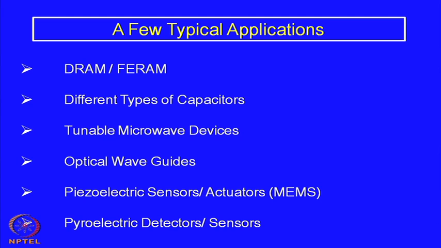Tunable microwave devices are also another device made of these dielectrics. Optical waveguides use transparent materials. Many of these ceramics can be made into transparent form or single crystal form, particularly lithium niobate and potassium niobate crystals. One can grow transparent crystals and use them as optical waveguides.